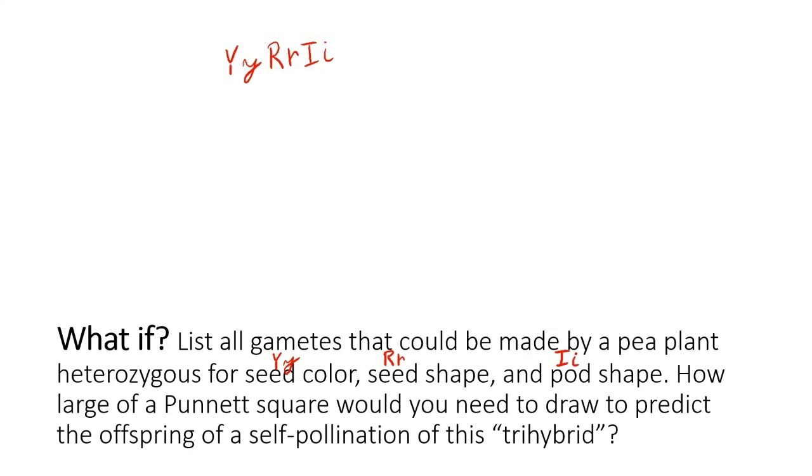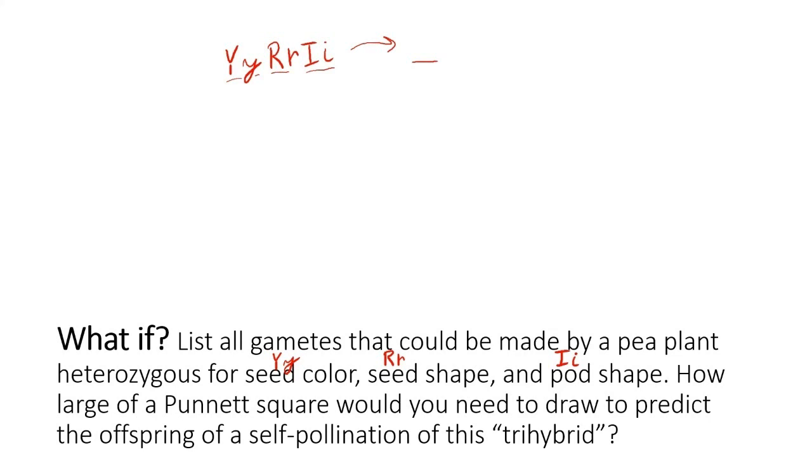The question says, list all gametes that could be made by a pea plant of this type. Okay, so they actually want us to list them all out. If you want to know how many possibilities there are total, though, we're going to make some gametes from this plant. Each gamete, sperm or egg cell, is going to have just one copy of each of the allele pairs in the parent.